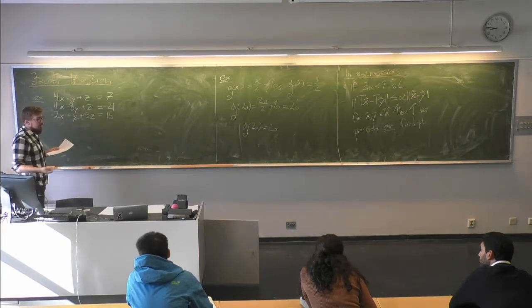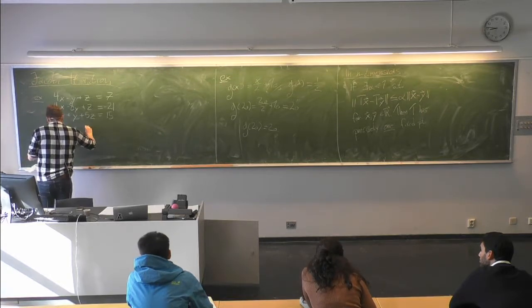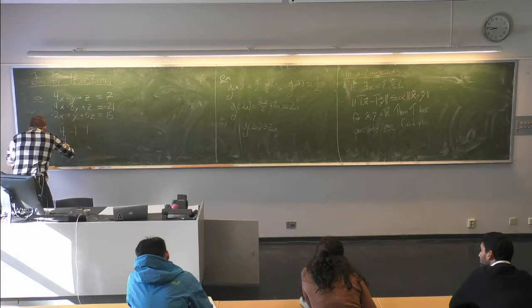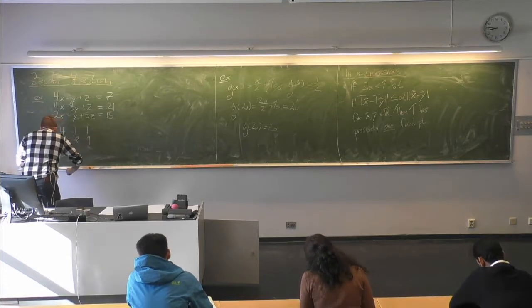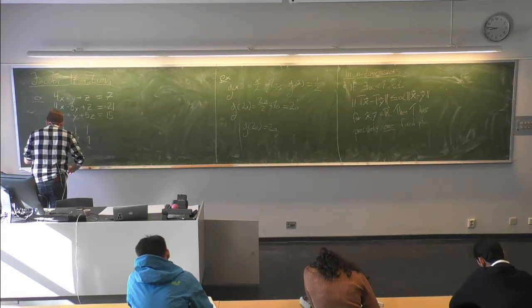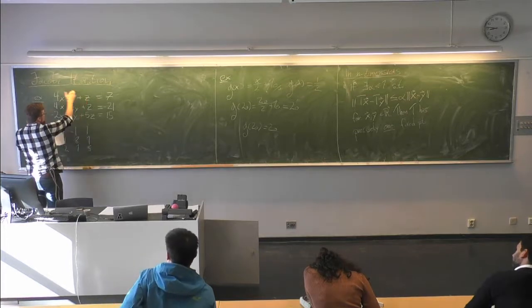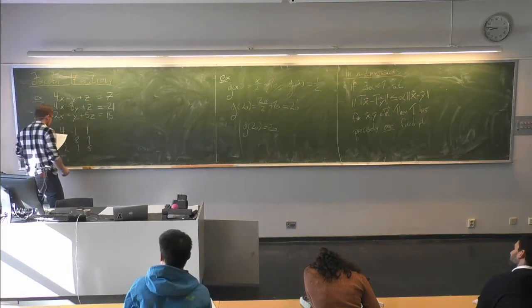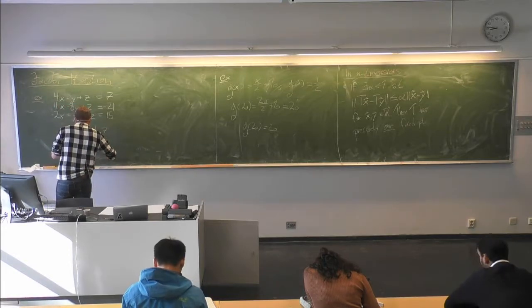If you're familiar with linear algebra, this can be written as the matrix 4, minus 1, 1; 4, minus 8, 1; minus 2, 1, 5. That's just the coefficients on the left-hand side. And we're going to make an augmented matrix with 7, minus 21, and 15.